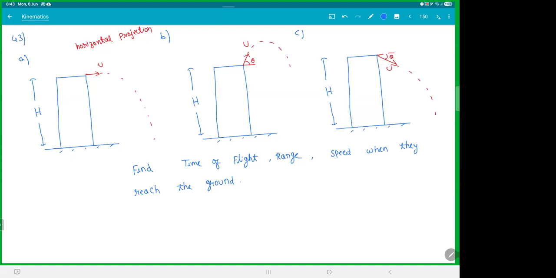This is the standard model. When you throw from a building, these are the three possibilities you have: either you throw horizontally, or up, or down. That's it. These are all the cases you can cover.